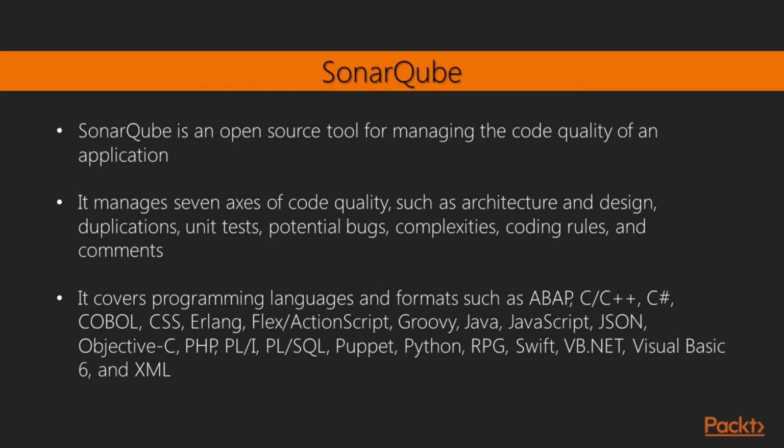It manages 7 axes of code quality, such as architecture and design, duplications, unit tests, potential bugs, complexities, coding rules, and comments.